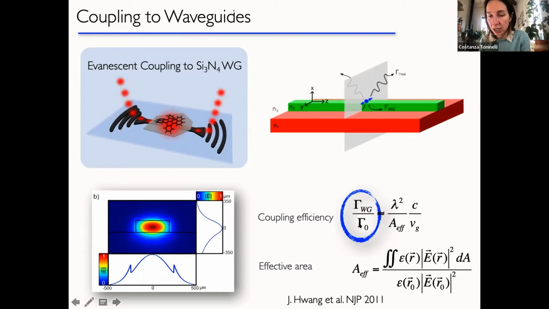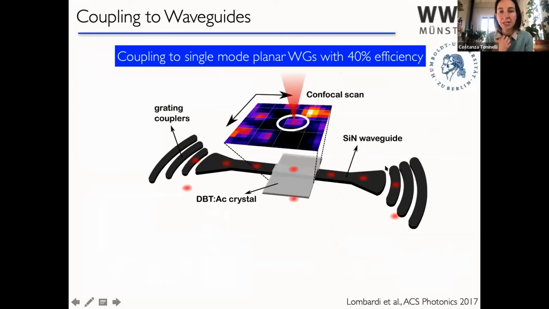Indeed, the coupling efficiency, which is defined as the emission in the waveguide with respect to the total emission rate, depends on the group velocity, of course, but is accounted for by an effective area, which takes into account, on the one hand, the intensity at the emitter position, and on the other hand, how well you can shrink the electromagnetic field. So you can find a trade-off in the thickness of this waveguide such that this coupling efficiency is high enough.